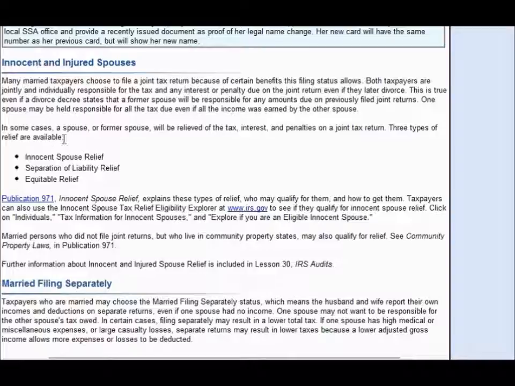In some cases, a spouse or former spouse can be relieved of the tax, interest and penalties on a joint tax return. 3 types of relief are innocent spouse relief, separation of liability relief, and equitable relief. Note, extra publications, such as 971, can always be found on www.irs.gov.